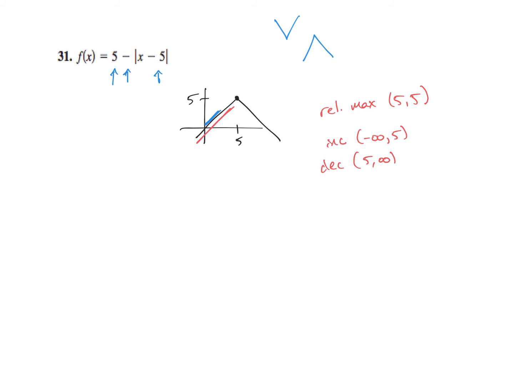What is that slope right there? 1. Slope is 1, exactly. So f prime on that interval is equal to 1 because I have a 1 right there. All right? And then what's my slope from 5 to infinity? It'd be negative 1. So we all know that calculus part because we actually understand our algebra part of it.